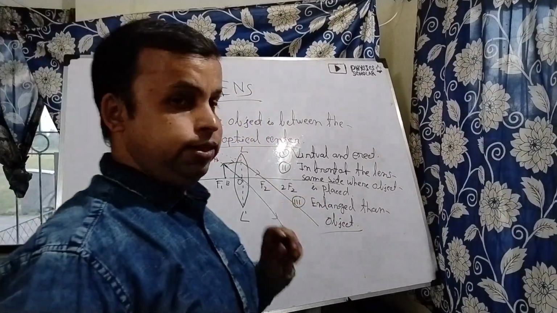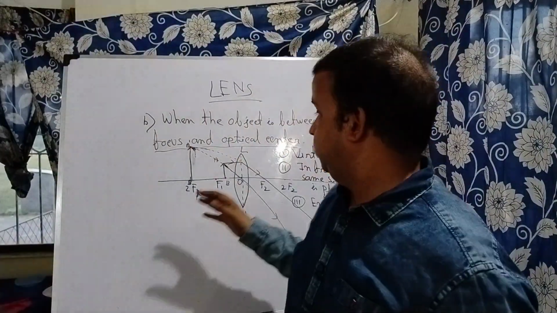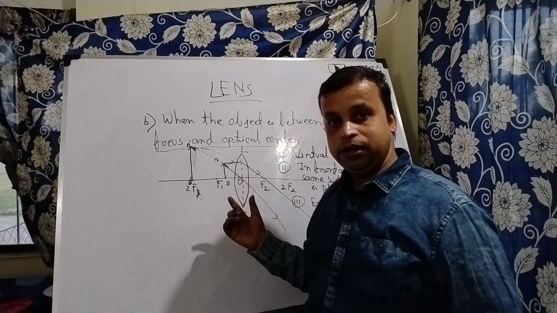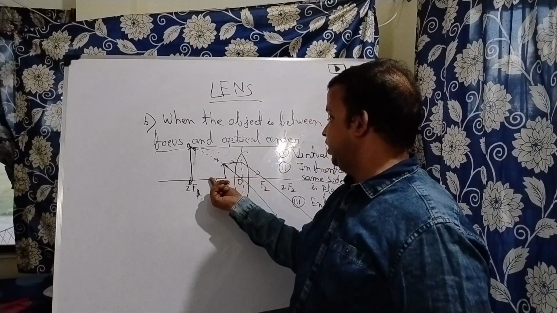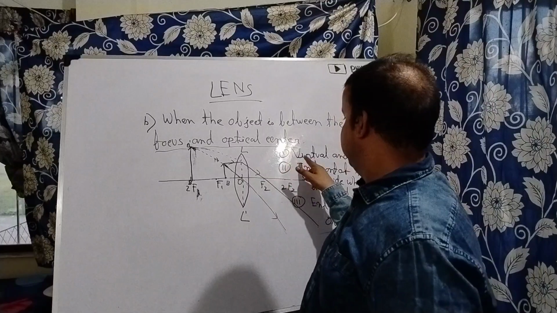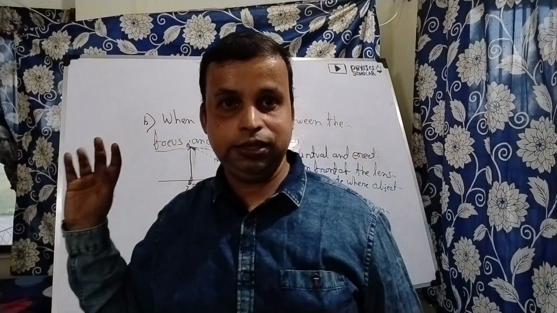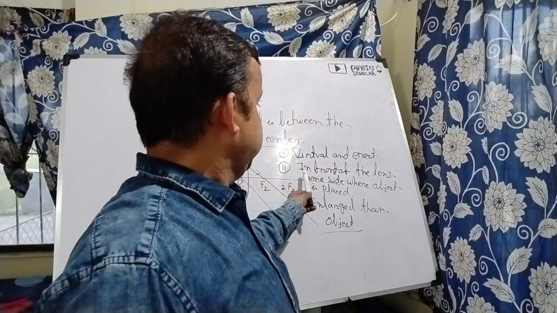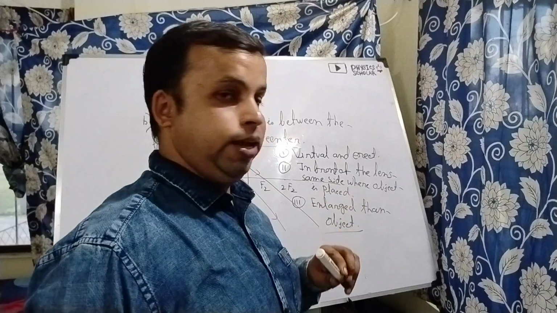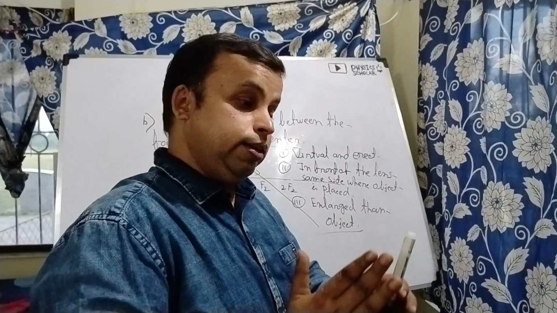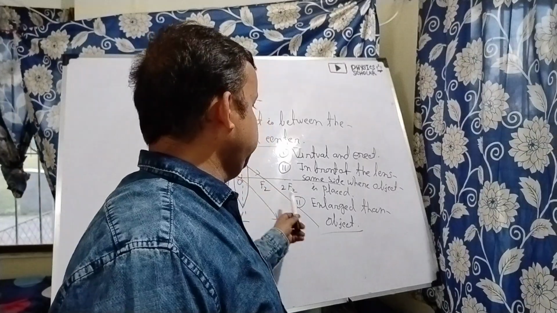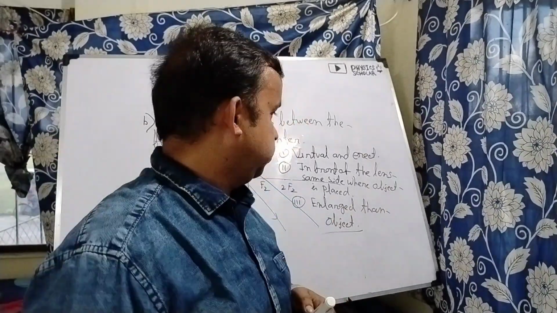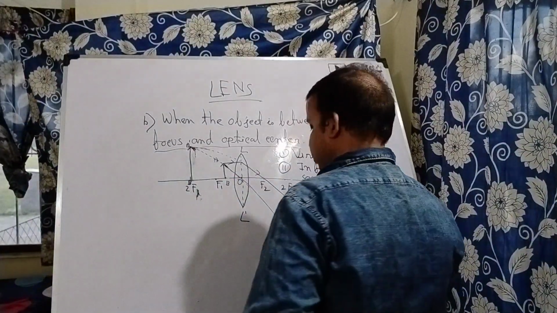Okay, so these three are the key points to remember when the object is placed between principal focus and optical center. It will be virtual and erect, number 1. Number 2, it will form in front of the lens, on the same side where the object is placed. And number 3, the image will be enlarged compared to the object.